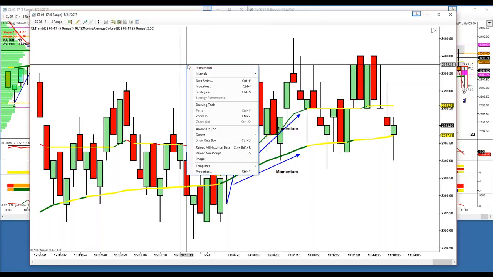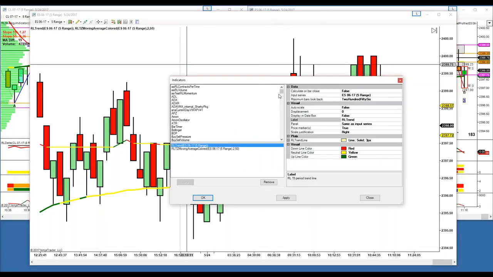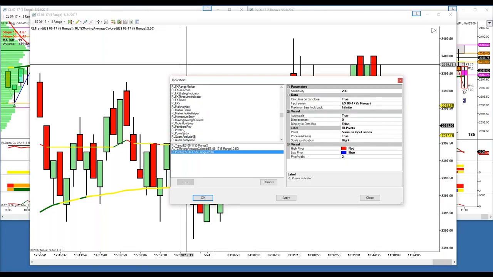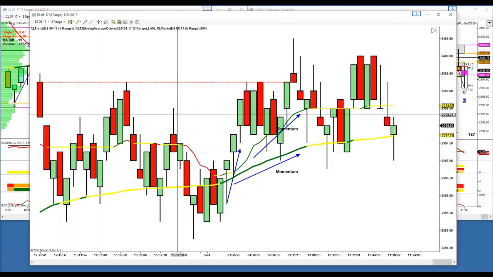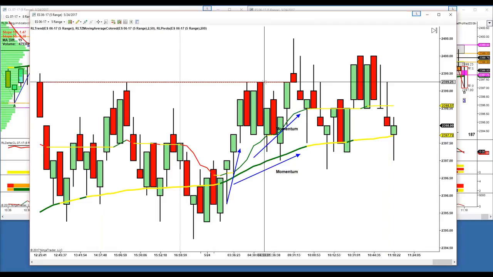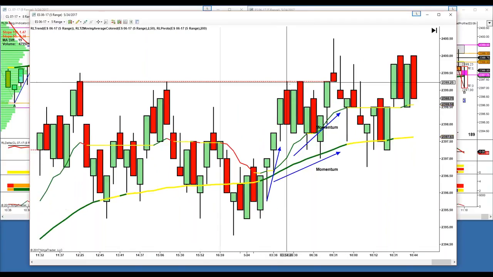Now let's move into pivots. We have a very unique pivot indicator. A standard pivot indicator, I don't even know how they work anymore because I haven't looked at one in a long time. You can see that the pivot indicator works from candle body high to candle body high.